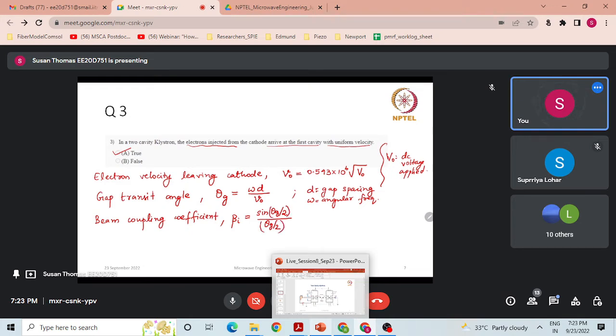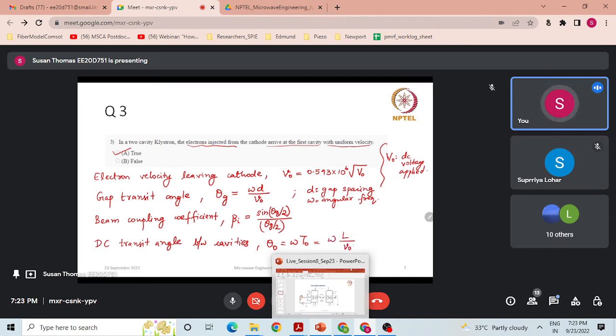Okay, then the DC transit angle between the cavities, theta naught, is equal to omega into T naught. And this is omega into L by V naught.